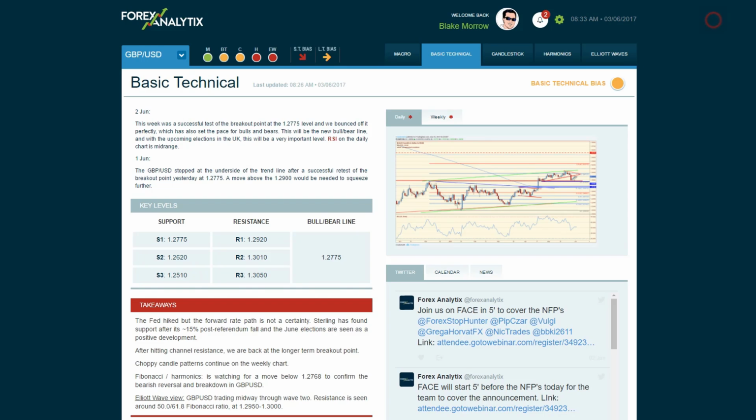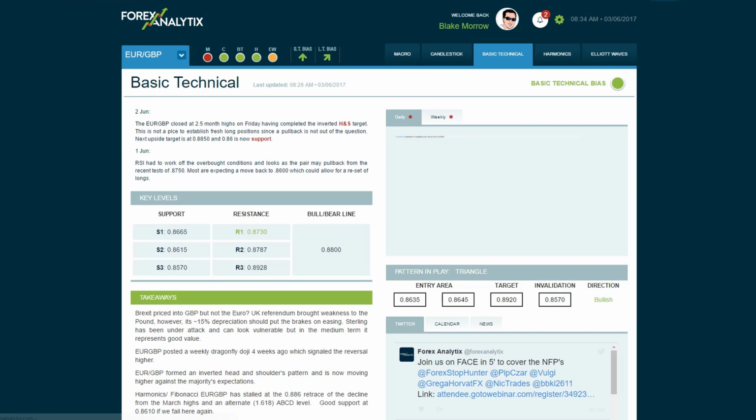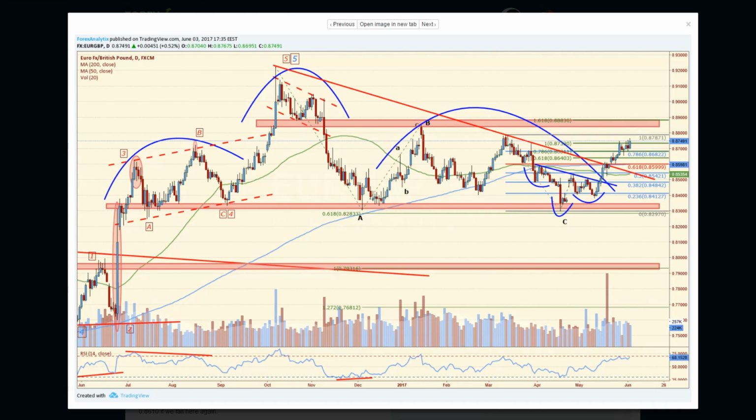You can actually see that in the euro pound. I've been trading this to the long side myself ever since we broke this down sloping trend line, and we closed at the highest levels that we've seen since earlier this spring. So the euro pound looks set to move higher still, but relative strength is getting overbought.